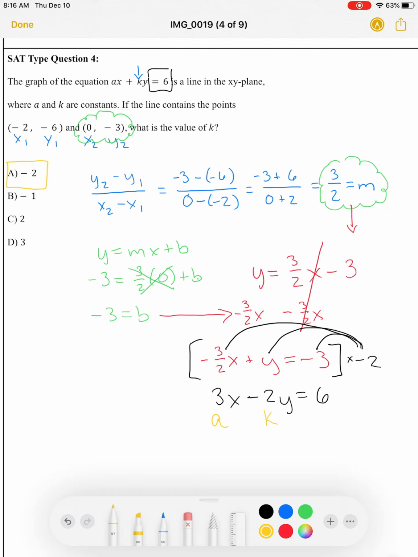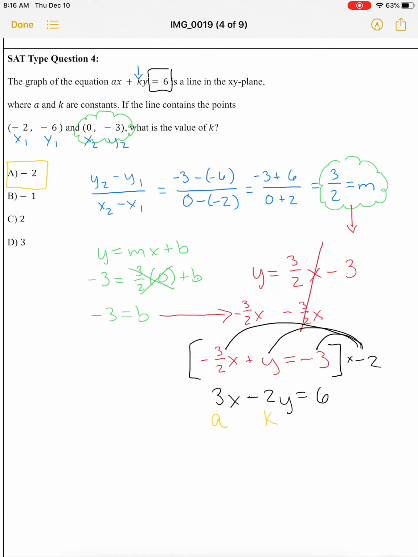So again, to solve this problem, we had to find the slope using the 2 points that were given to us, the y-intercept by using a point and the slope that we found, and then rewrite the equation into standard form by getting x and y on the same side and multiplying the equation by negative 2.